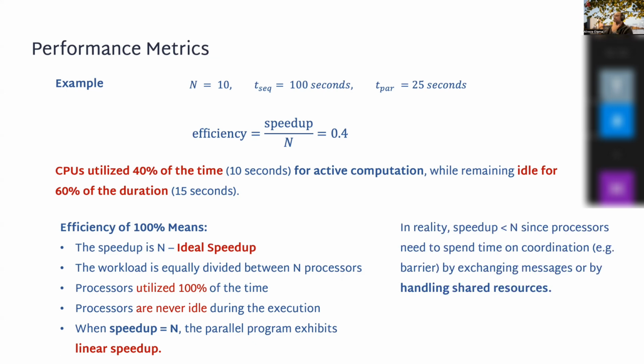However, in reality, the speed up is usually smaller than n because, as I mentioned, the processors need to spend some time on coordination, synchronization, handling shared resources, race condition handling, mutex locks, and these kinds of things.